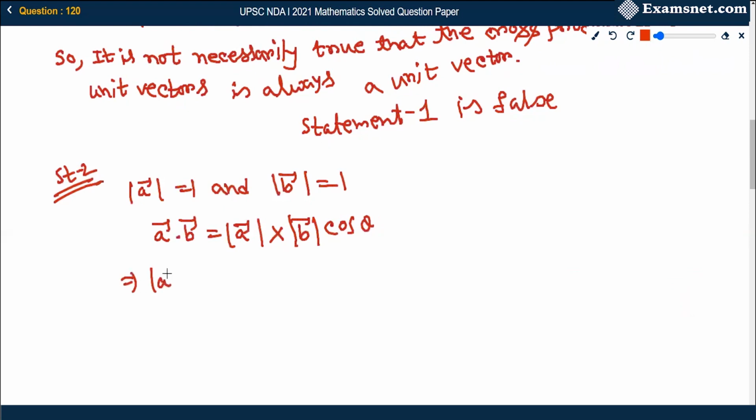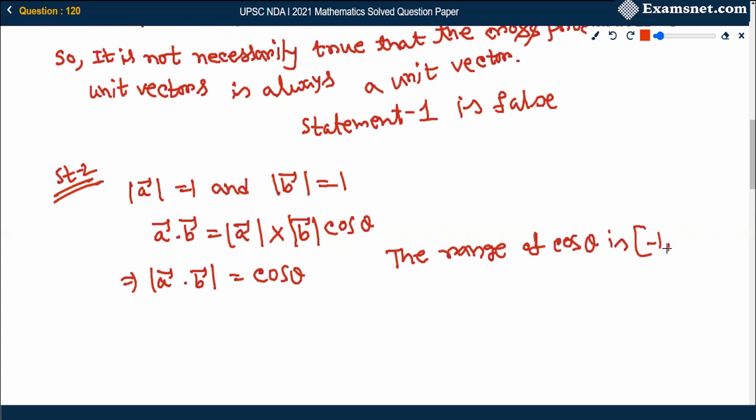So this implies that A dot B will give us the value only cos theta, correct? So here also the range of cos theta is same, -1 to 1.